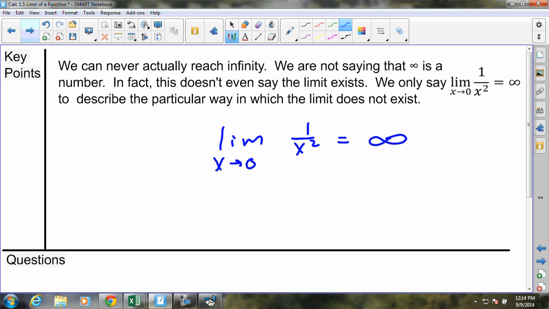But this just shows us, hey, at least it's matching. Writing it out this way says if you come from the left and the right, they're still matching. They're just matching by flying upward toward infinity, instead of one going down, one going up, or going to different numbers. Okay?